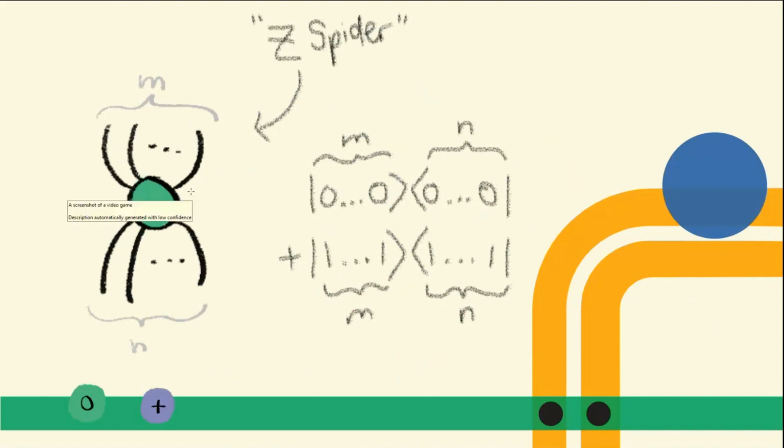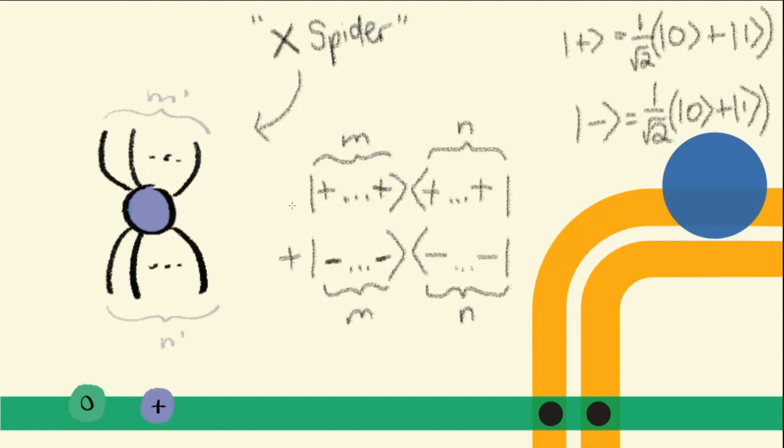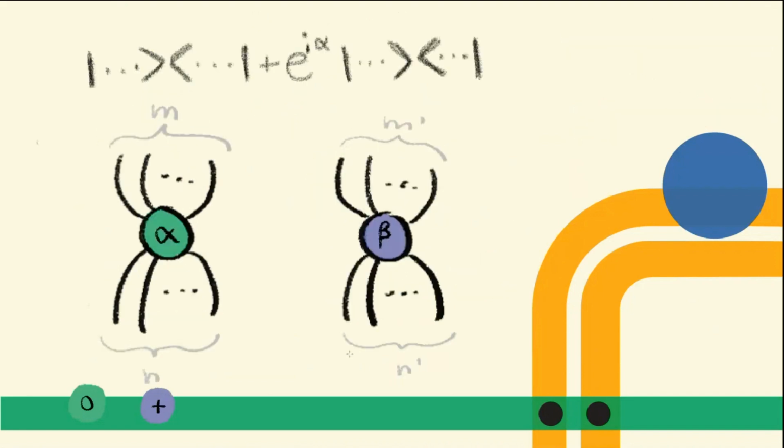Just know that we have 2 types of spiders. One of them is a Z spider, and the other is an X spider. So you notice here the structure is the same, except for the X spider, instead of having the 0 and 1 states, which are the eigenstates of the Z measurement, we have the eigenstates of the X operator, so the plus and minus states.